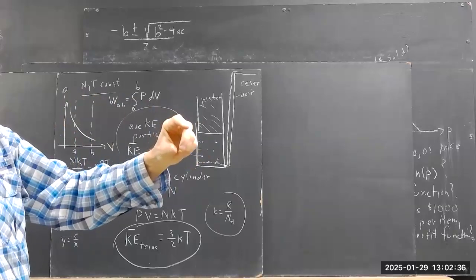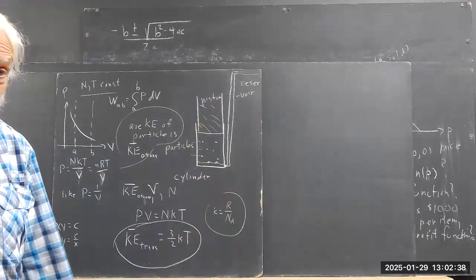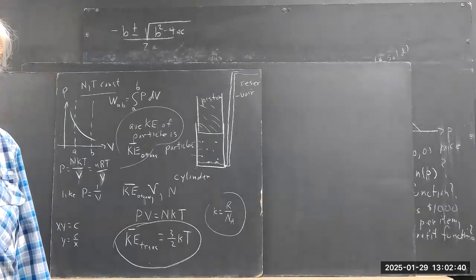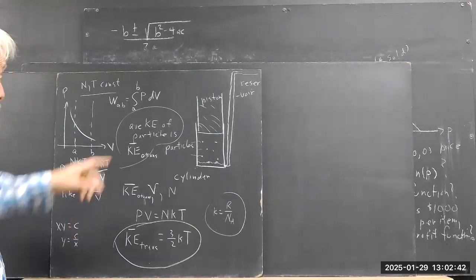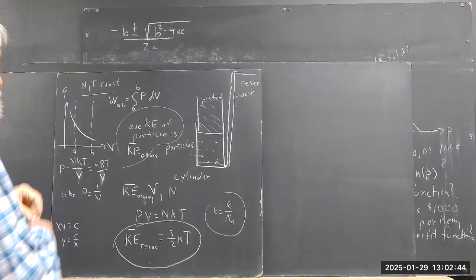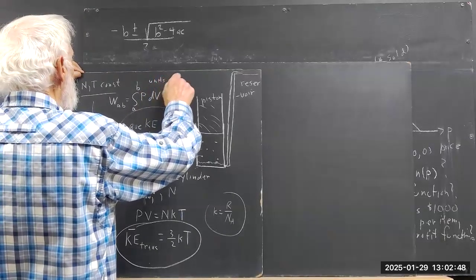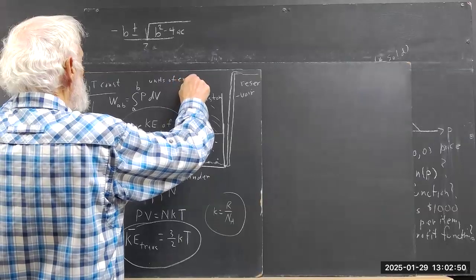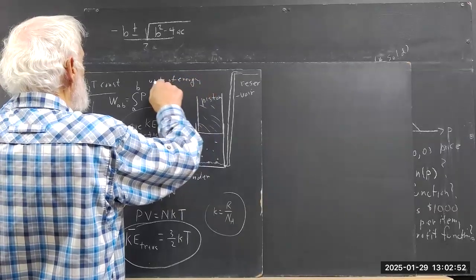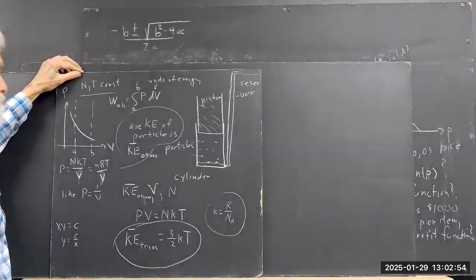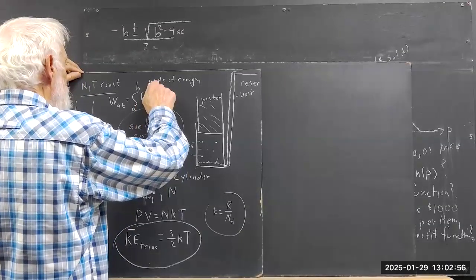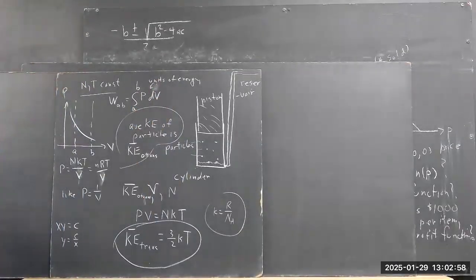Which comes out newtons times meters. So the units give you units of energy, and make sure you understand that. I'm not going to belabor it. You can puzzle that out. Okay.